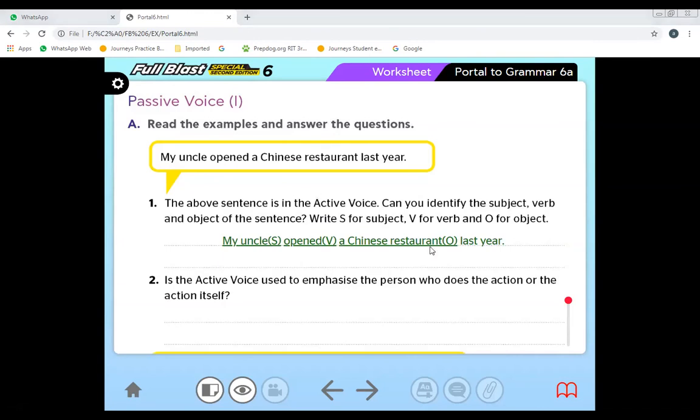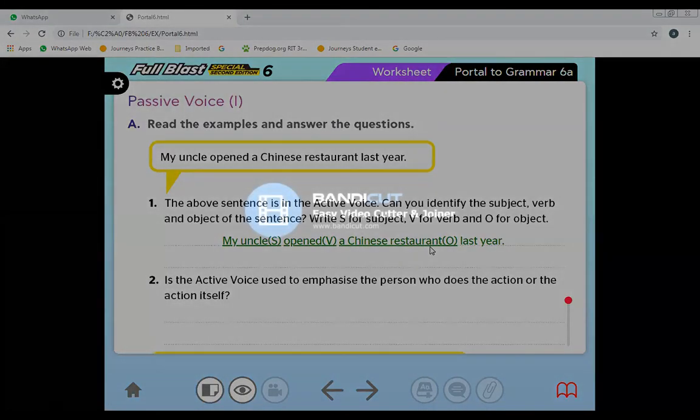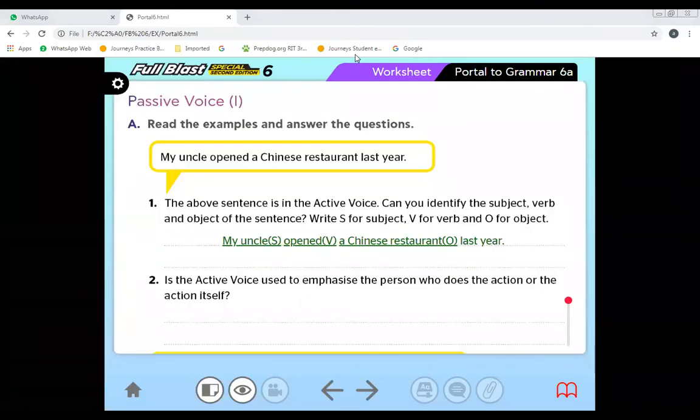Question 2. Is the active voice used to emphasize the person who does the action or the action itself? Can you hear me now?